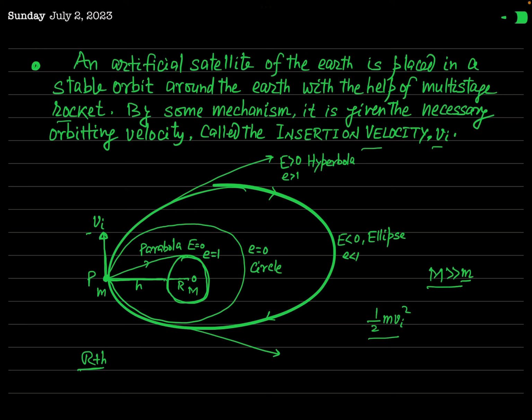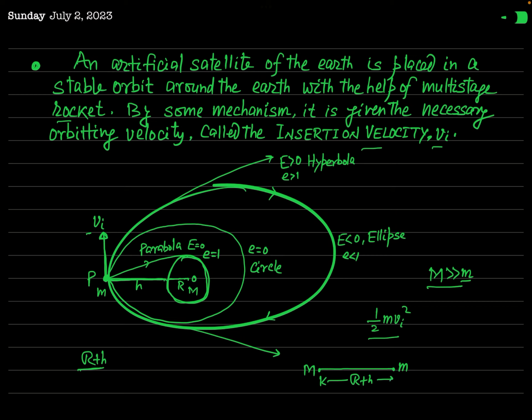For calculation of potential energy, you can assume that there is a mass capital M, equal to the mass of the earth, and another mass small m, the mass of the satellite, and the distance between these two is R plus h.